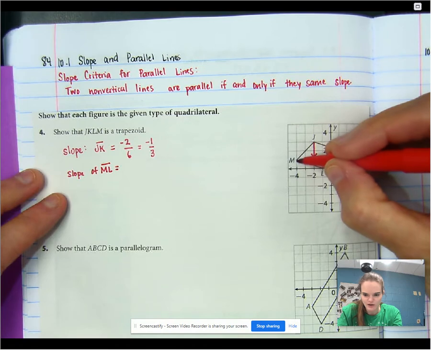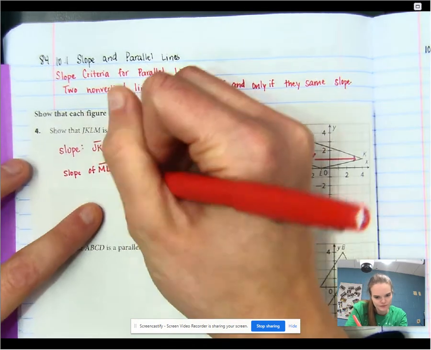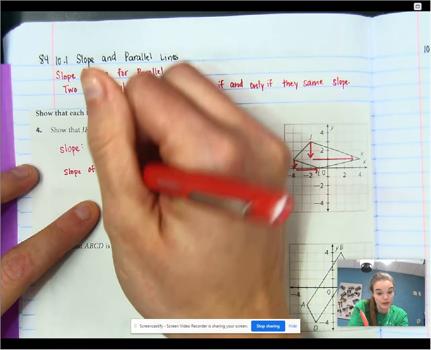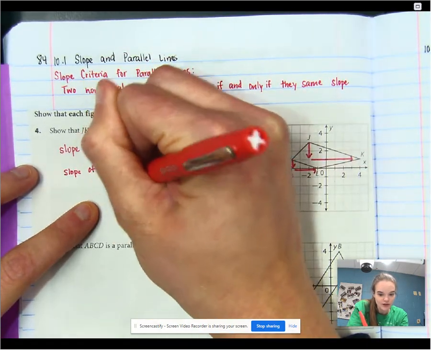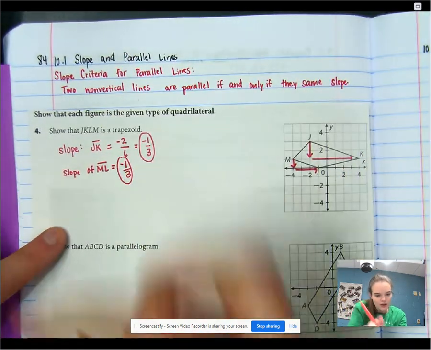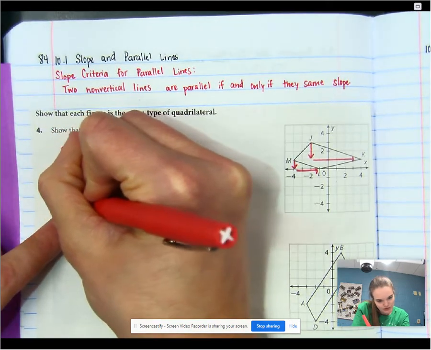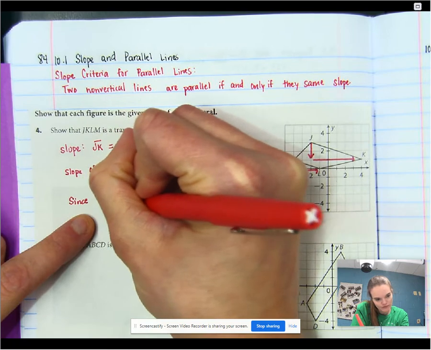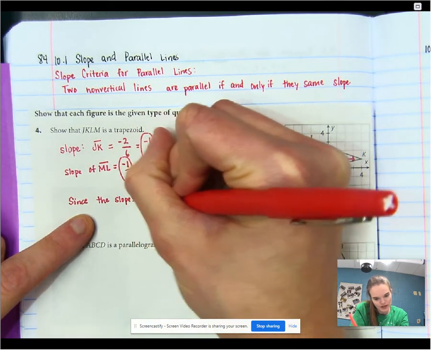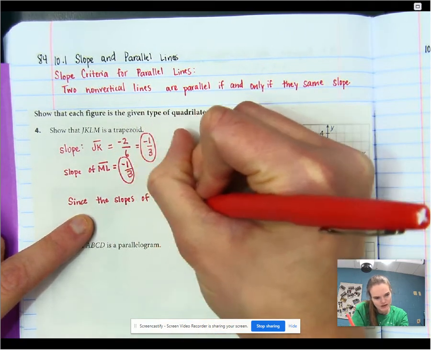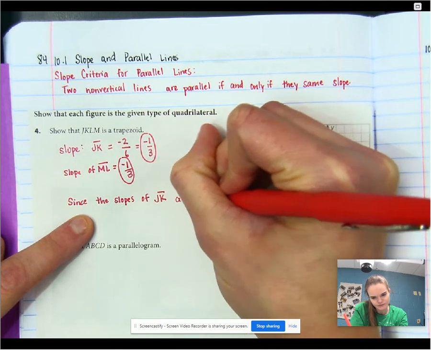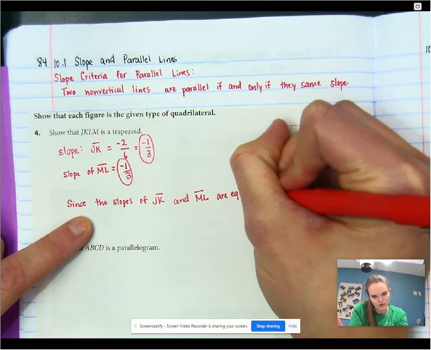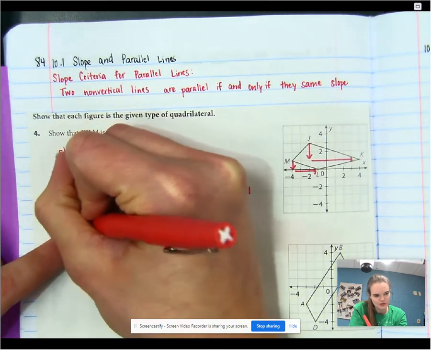So from M to L, I have to go down 1 over 1, 2, 3. Okay, these are the same slope. So since these slopes of JK and ML are equal or the same, the segments are parallel.